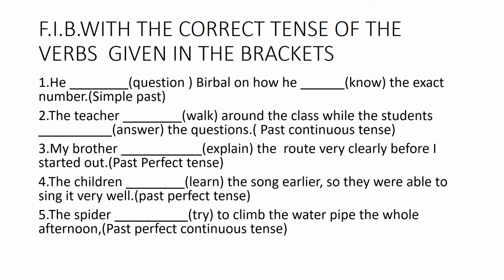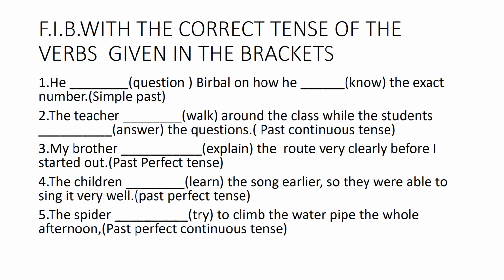Second example: the teacher dash around the class while the students dash the questions. We have to use past continuous tense. In past continuous tense, if the subject is I, he, she, it, we have to use was.